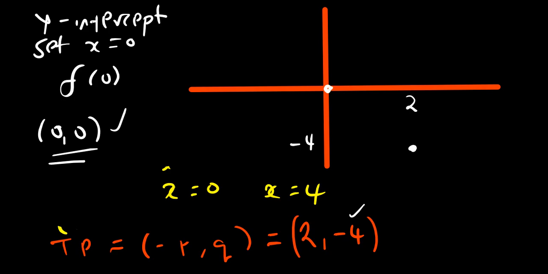Then we said we've got two values of x. Where x is 0 will be just that point as well, 0 comma 0. Then another point that we said is 4, which is there. Let's put our 4 here.